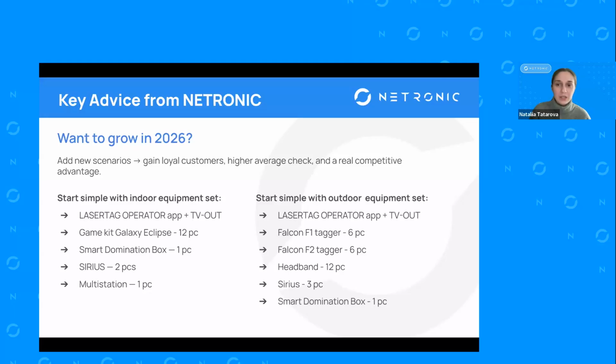So usually that would be at least 12 players, and the recommended amount of the scenario devices that allow you to create different scenarios or use the default ones, right? So as I said, a few SIRIUS stations, one smart domination box, a multi-station if you are indoors, and of course a bomb is recommended, but it's not a must-have.